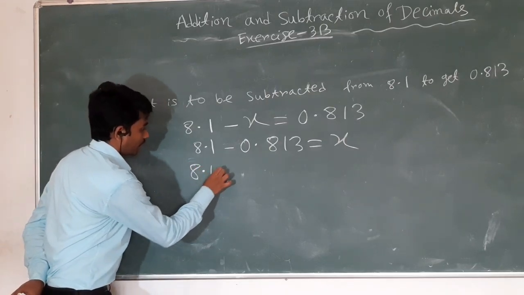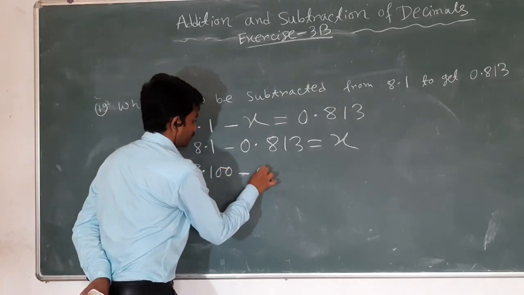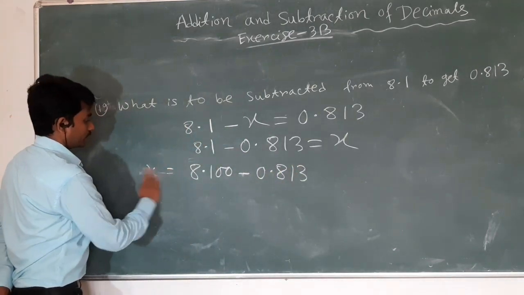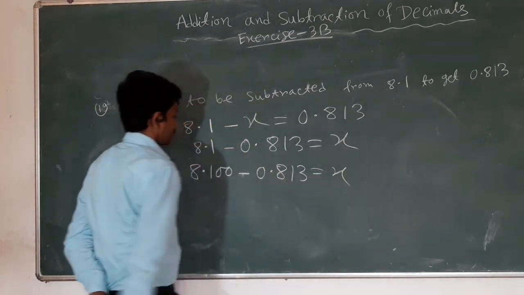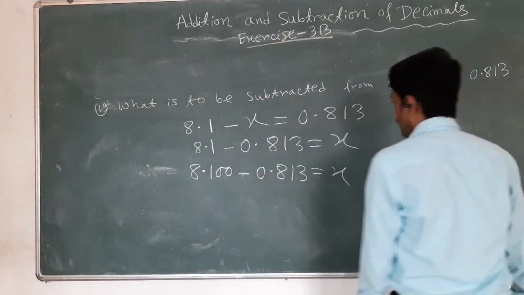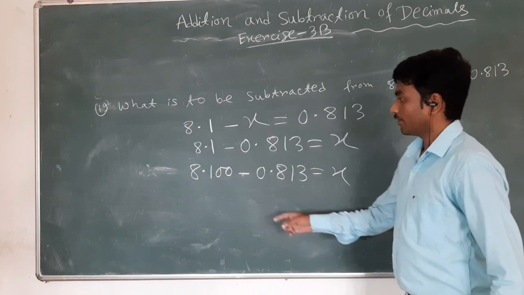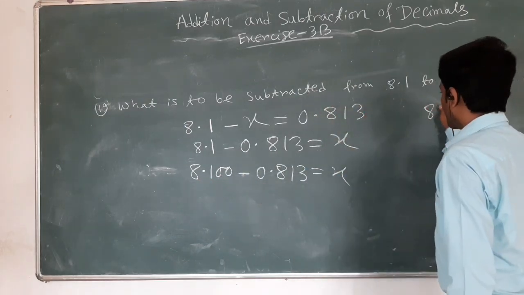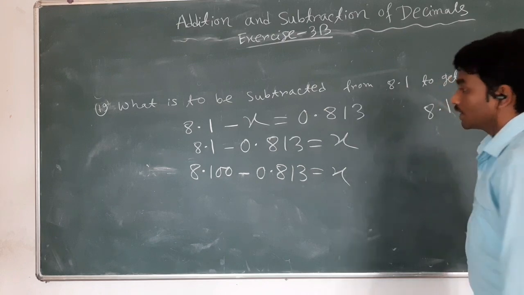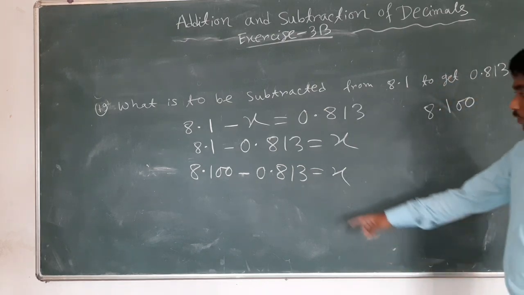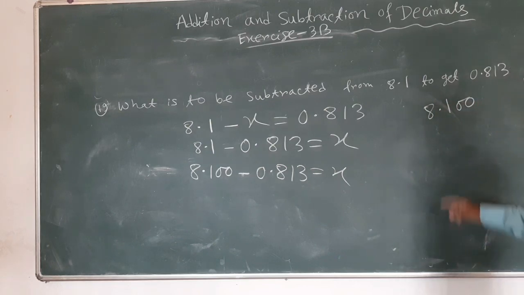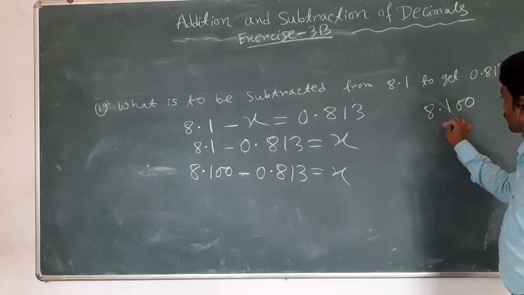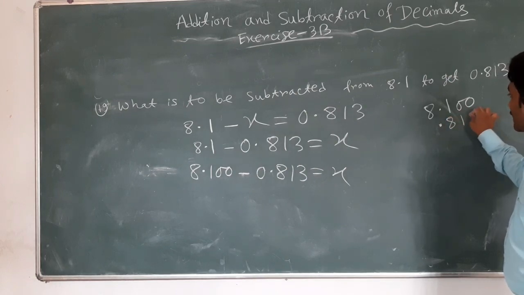So 8.100 minus 0.813 is equal to x. According to the rules of subtraction, first we write the large number, that is 8.100. Next we write the smaller number below the large number, 0.813.